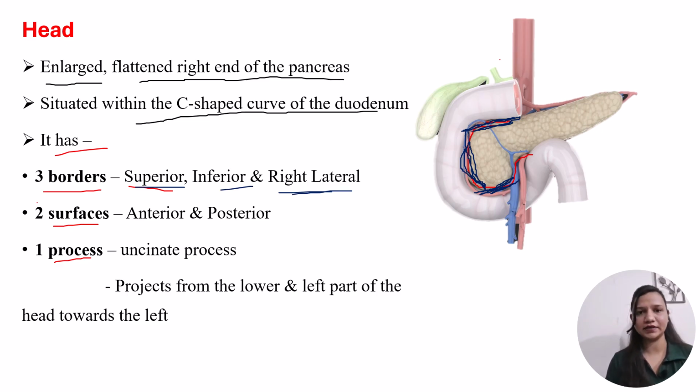The two surfaces are the anterior and posterior surfaces: the portion present anteriorly is the anterior surface, and the one present posteriorly is the posterior surface. And the one process is called the uncinate process. Let us understand what the uncinate process is.